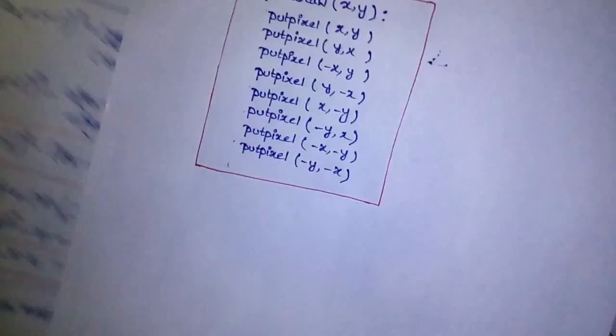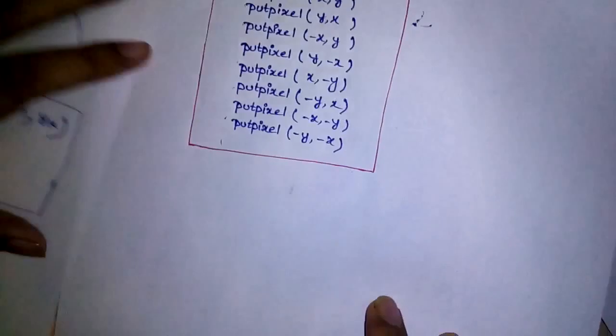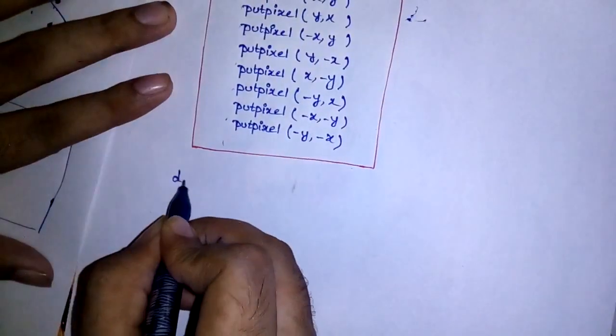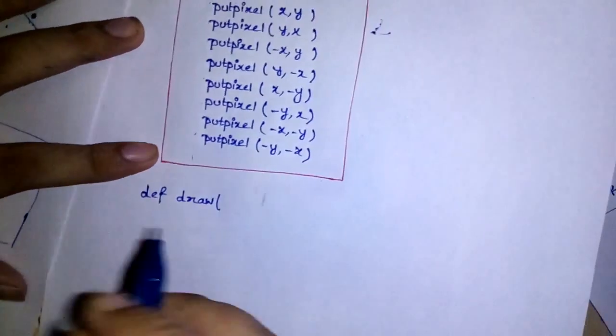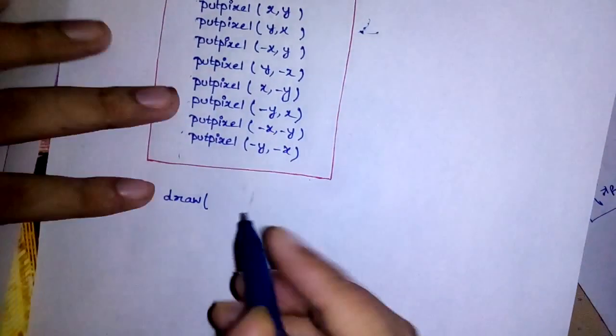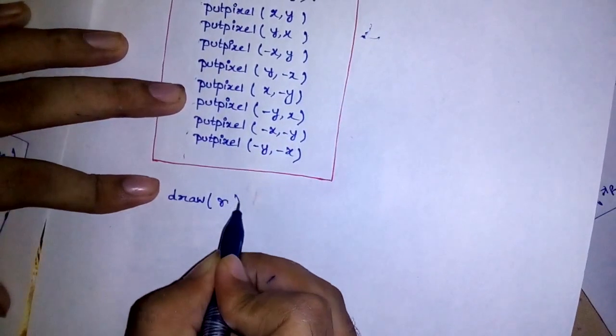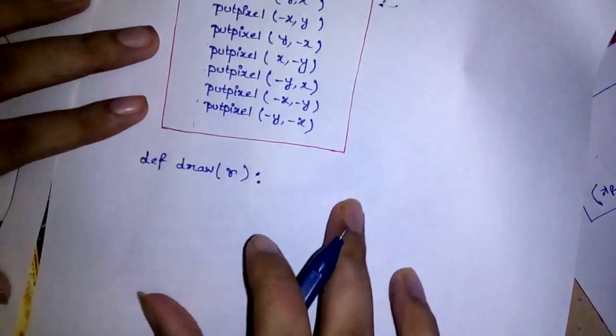Now let's see how I can write this algorithm. First I'm going to define a method called draw, and I'm assuming that the center of the circle will be at the origin. Let's pass the radius of this circle.